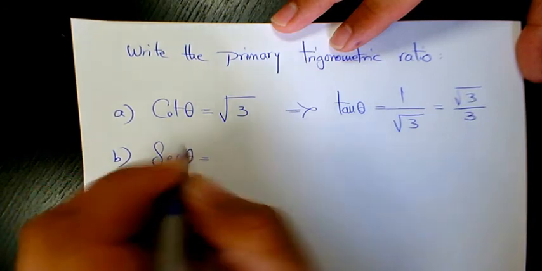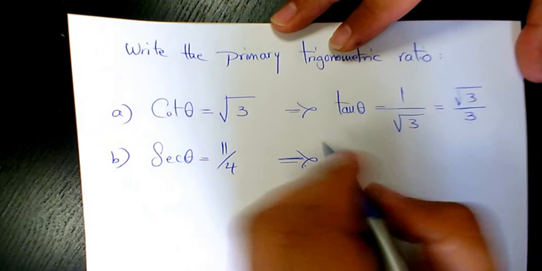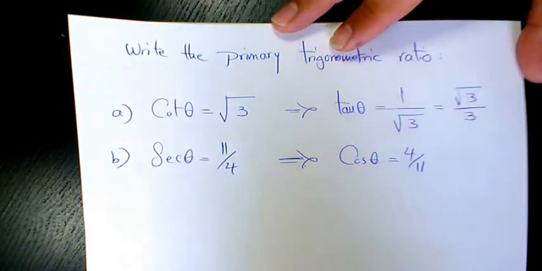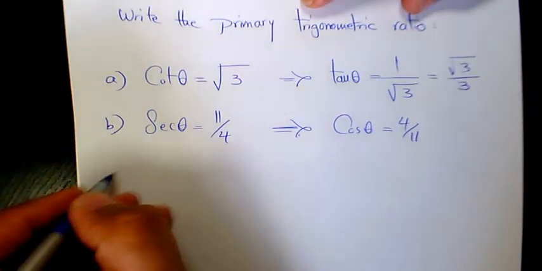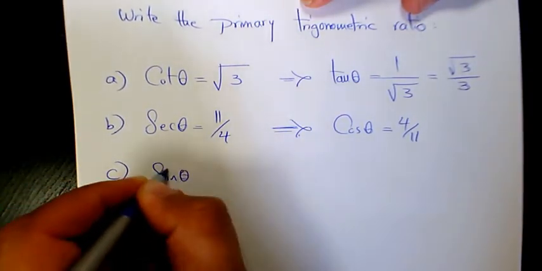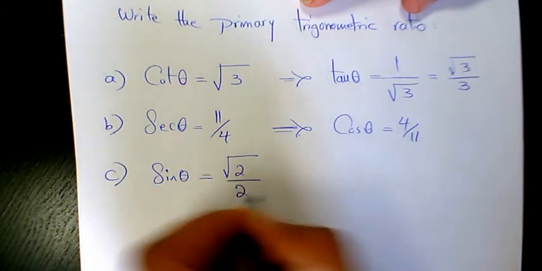Secant theta is 11 over 4. Therefore, cosine theta is going to be 4 over 11. C. Sine theta is √2 over 2.